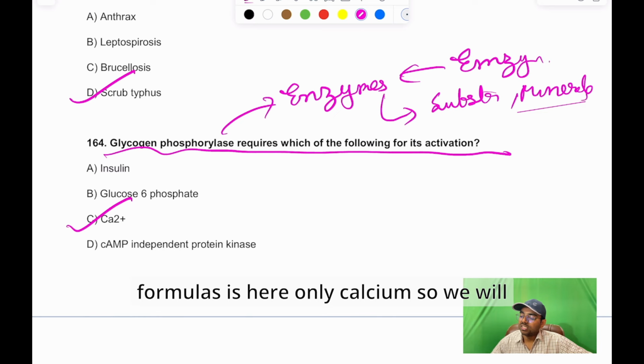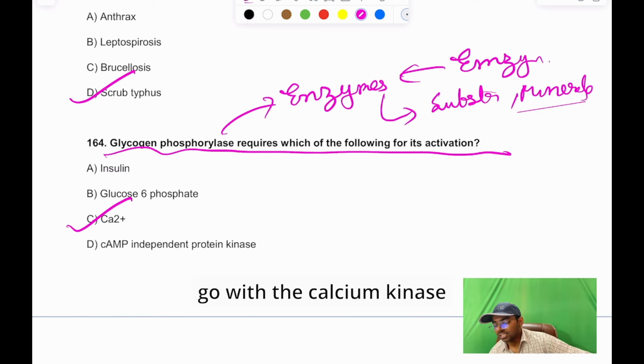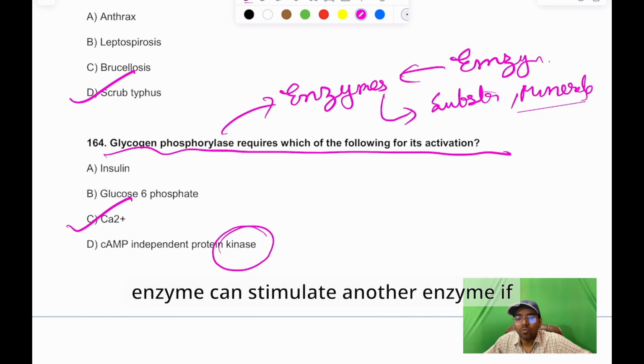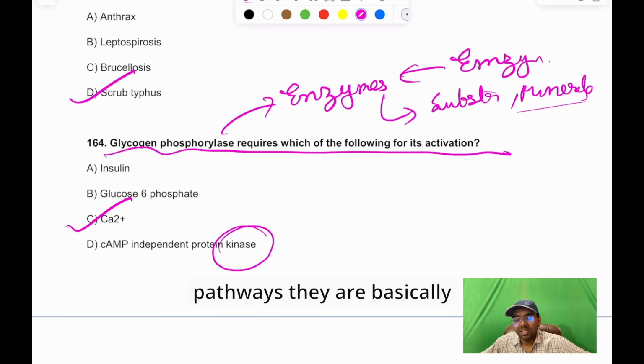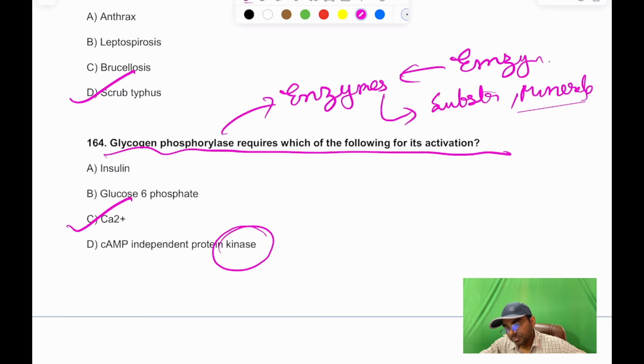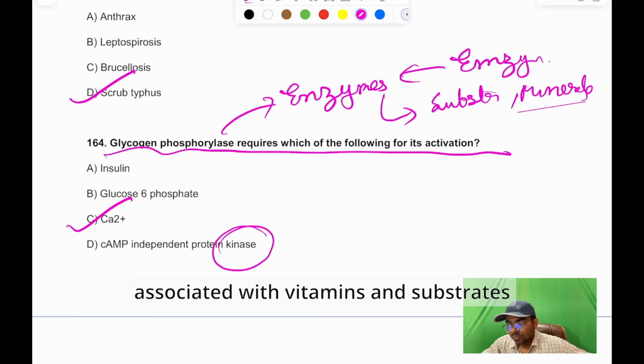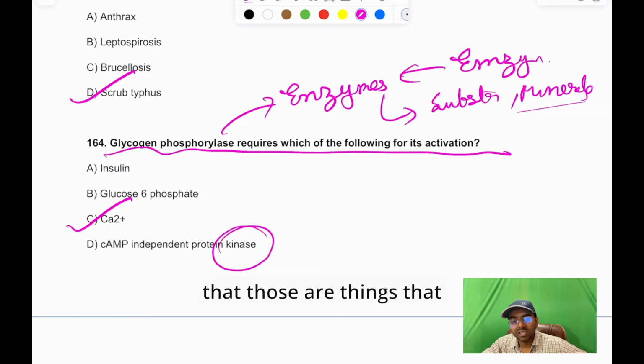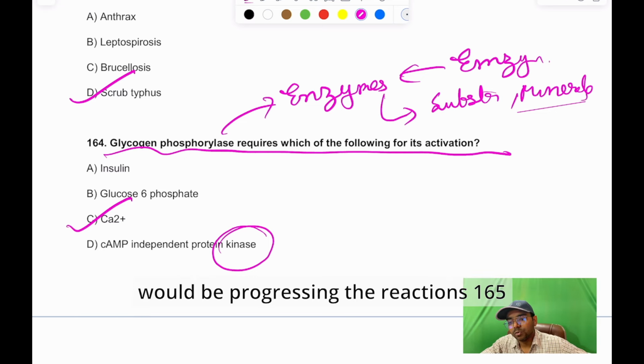For minerals, here there is only calcium, so we'll go with calcium. Kinase is an enzyme. How can one enzyme stimulate another enzyme? If you see the intermediate pathways, they are basically associated with vitamins, substrates and minerals, because those are the things that progress the reactions.